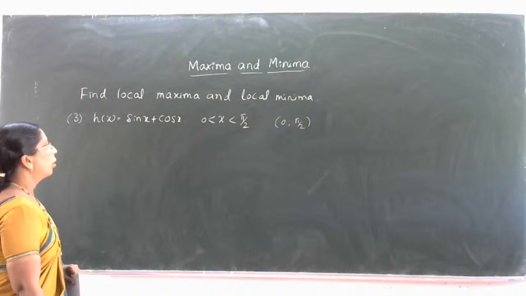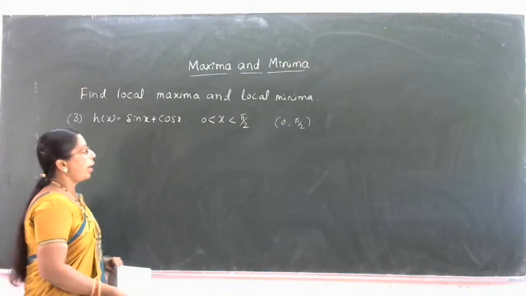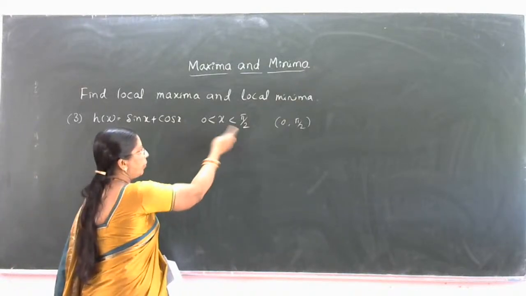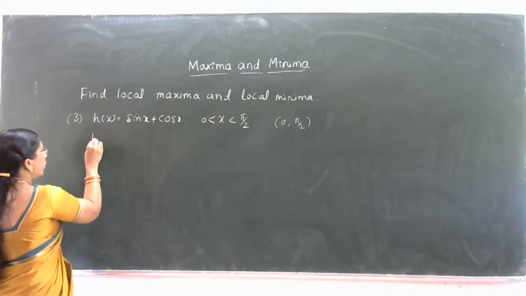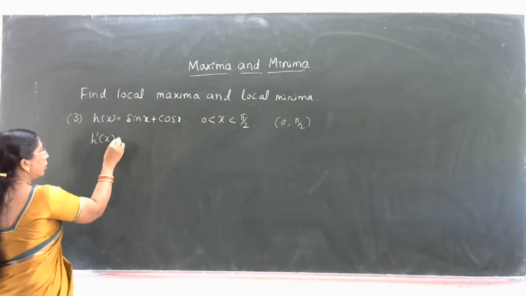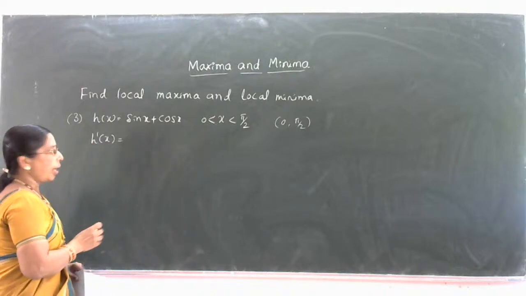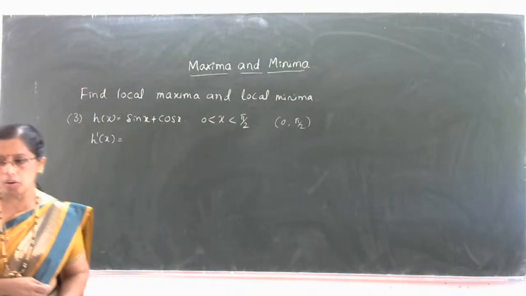We find the maxima and minima between 0 and 5 pi by 2. First, we find the derivative of the function, h dash x.